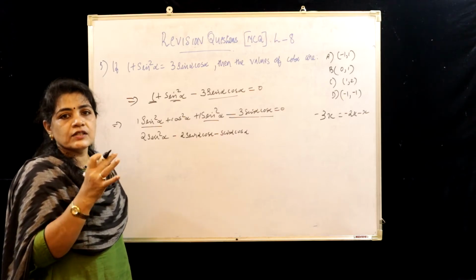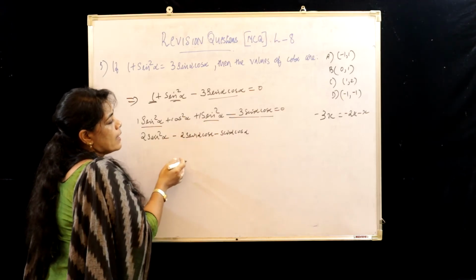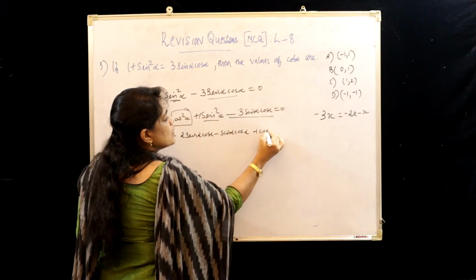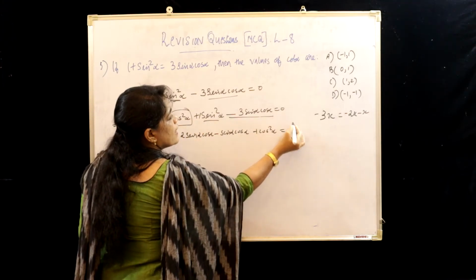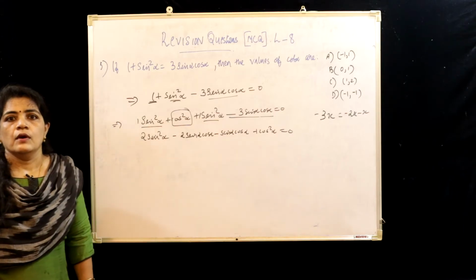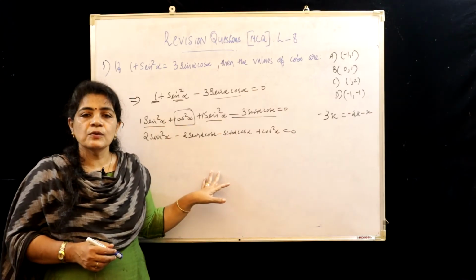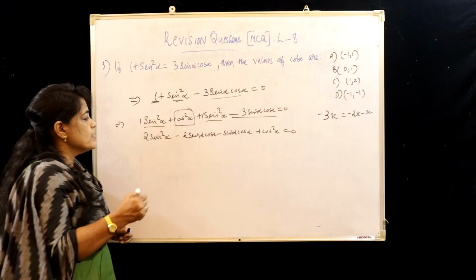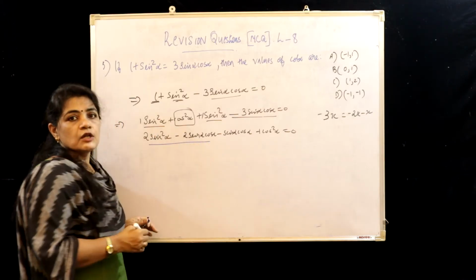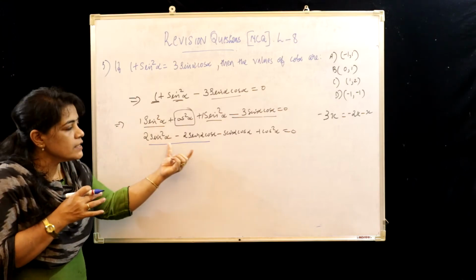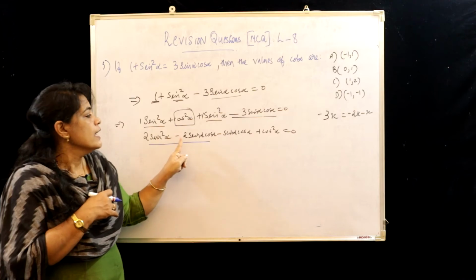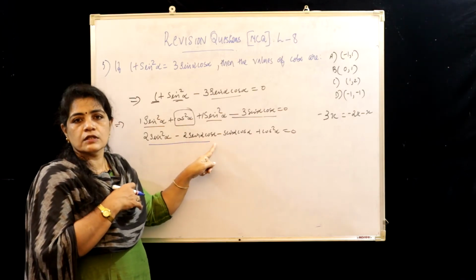I just split that minus 3 in this manner, and we have cos square alpha as the last term, and as usual RHS is 0. So up to this is okay, children? In the next step I am grouping these terms, that means the first and second terms together. From these two terms, see which are common. Here the first term is 2 sin square alpha, and here minus 2 sin alpha cos alpha.